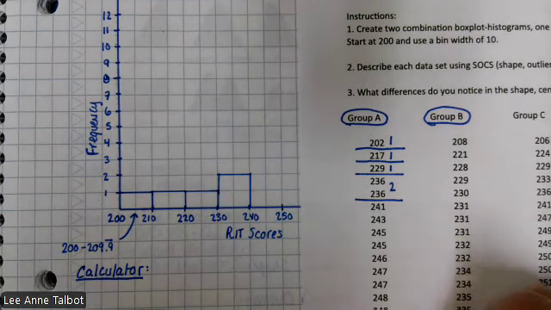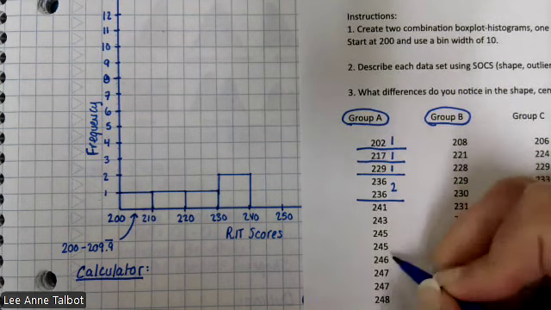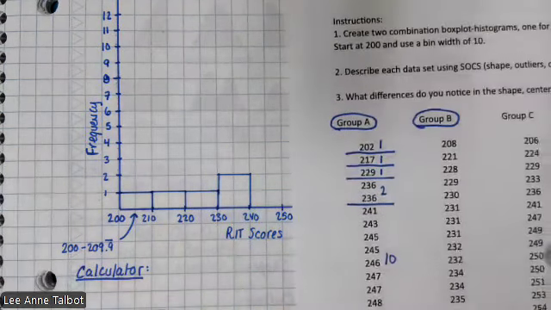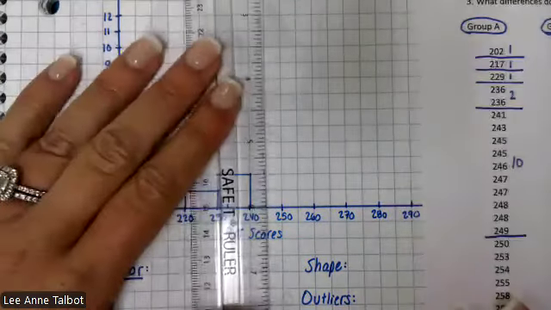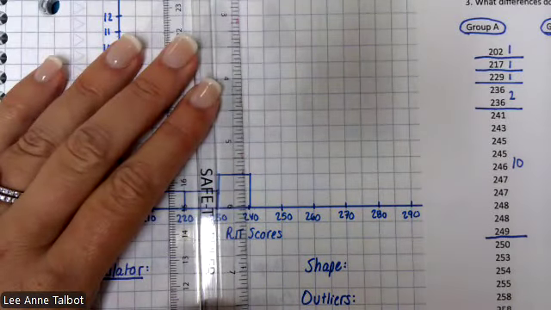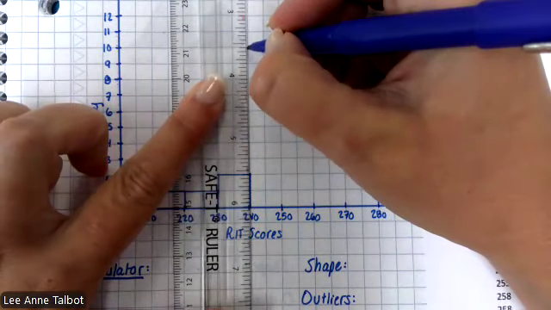Ten. Did you guys get 10? 10 in the 240s. I'm nervous about the two. Oh no, I think we're gonna be good. 10's the highest, right? Whew.